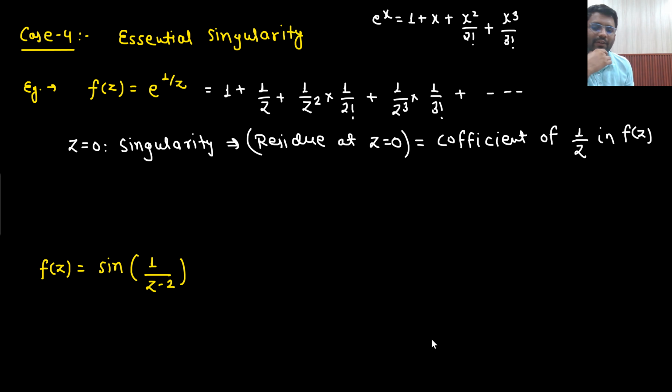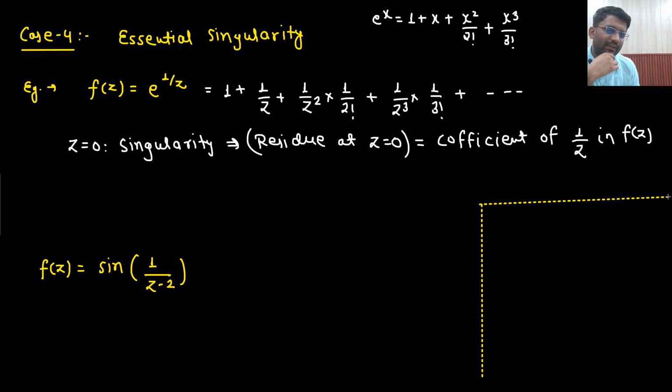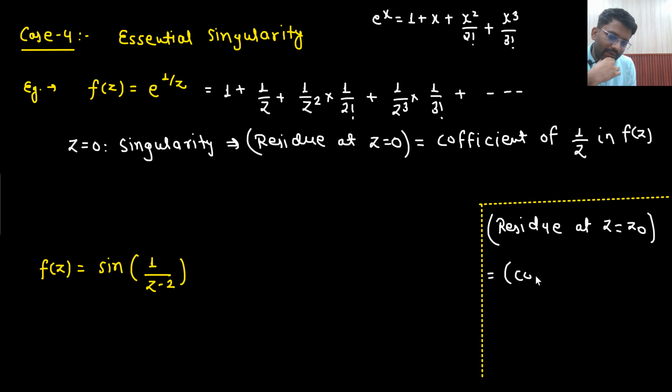If it was z equals z naught, then what would be the scenario? Residue at z equals z naught would have been equal to the coefficient of 1 upon z minus z naught in f of z.